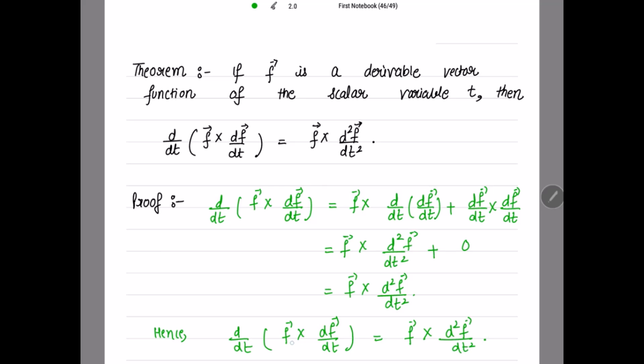That means first vector as it is and its cross product with the derivative of the second vector function, that is d by dt of df by dt, which is d square f by dt square, right?